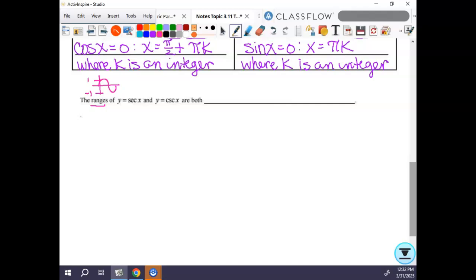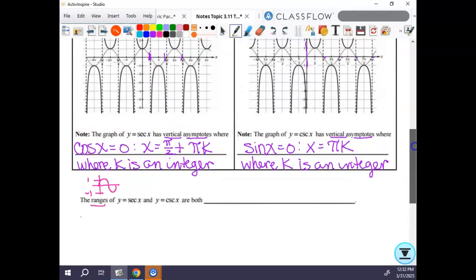When we look at the secant and cosecant graphs, where does the range start? What's the smallest y value? Negative infinity. So I'm going to start at negative infinity, use all of the y values till I get to -1. Is -1 a point that's actually on this function? It is, right? Because they share this point right there.